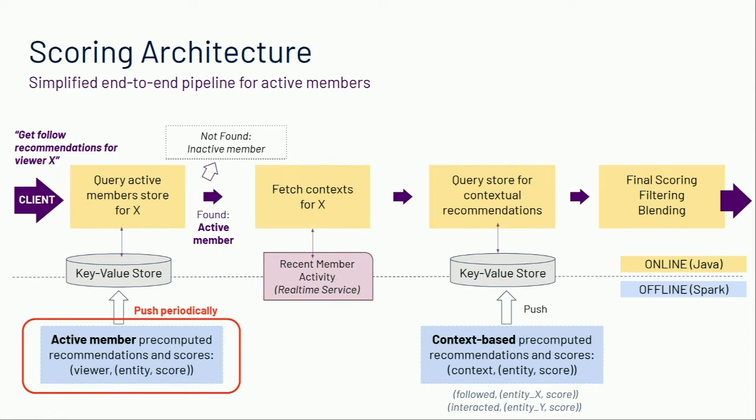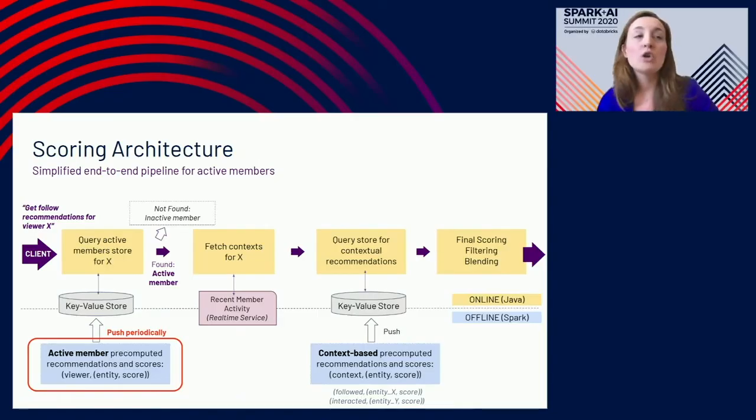And so whenever a client calls us, we first query this key value store to fetch the personalized recommendations. However, I think it's interesting to mention that we do not exclusively use those personalized recommendations because obviously those are pre-computed and so do not take into account the very recent activity of the member. And so in addition to those recommendations, we also fetch what we call contexts of the viewer, which are real-time signals of the activity that the viewer just performed.